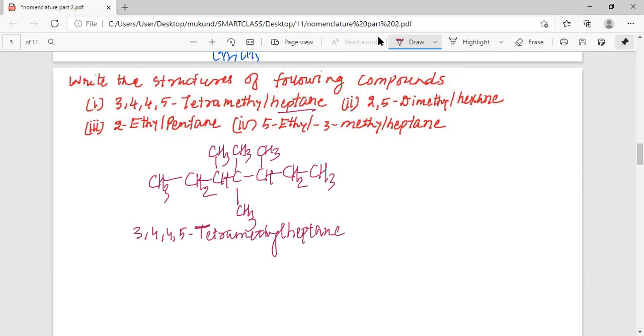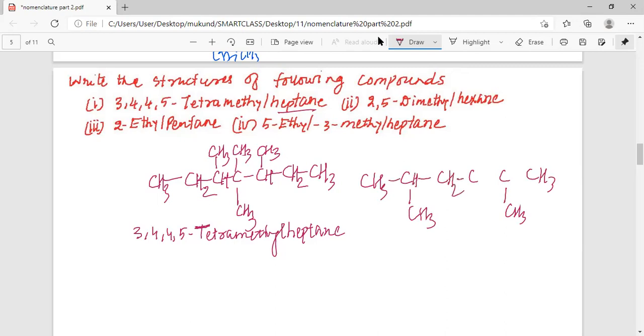Then we have 2,5-dimethyl hexane. So my dear students, we can write 2,5-dimethyl hexane. Hexane has 6 carbons, 1, 2, 3, 4, 5 and 6. Then you have CH3 over here, CH3 over here. Then on 2 and 5 we have dimethyl. So from both sides it goes 2 and 5. Then we have methyl and hexane. So CH3, then we have CH.